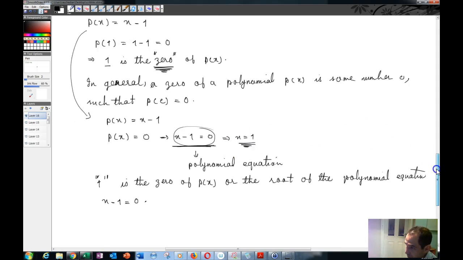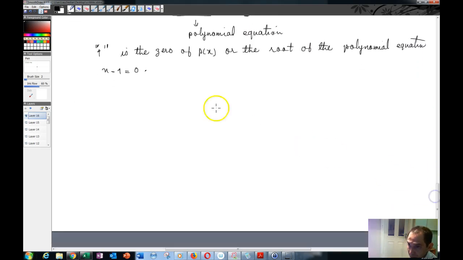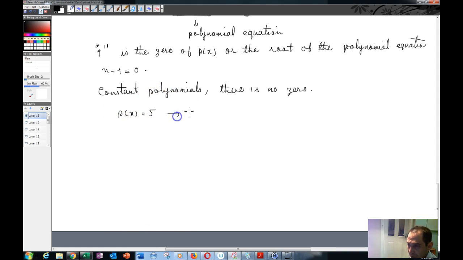And basically when it comes to finding the zeros of a polynomial, in the case of constant polynomials, there is no zero. Meaning that, for example, if you have some polynomial like p of x is equal to 5, this has no zero.